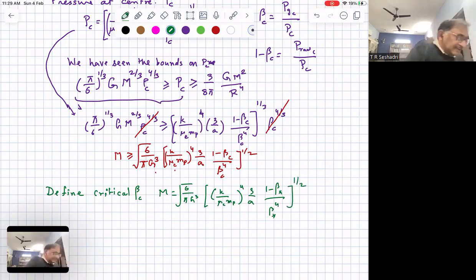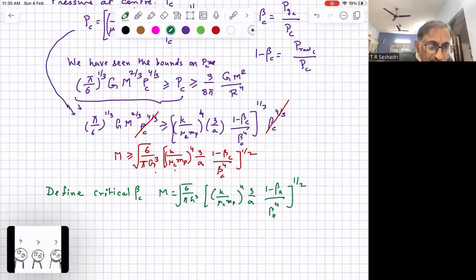Basically, it is telling that beta star is the value of beta_c for which this inequality becomes an equality. Okay, so that's why it's the critical number. Is that okay? Yes. Okay.